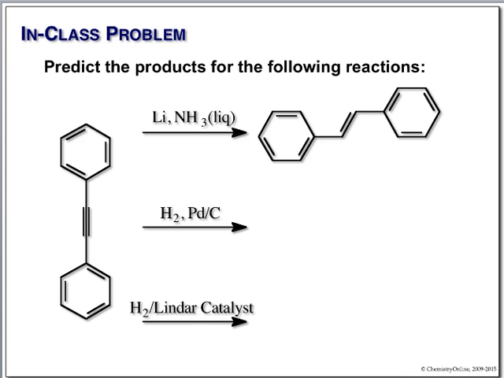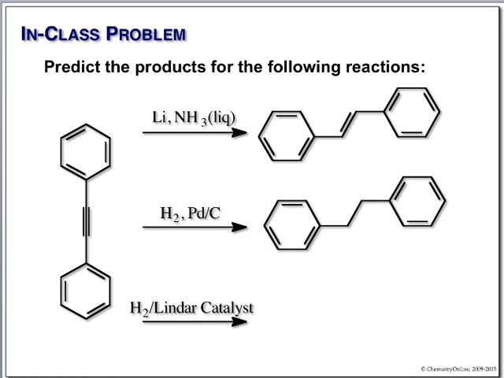If we take platinum or palladium on charcoal, that's a very powerful reducing agent. It will reduce it twice and go all the way to the alkane. And finally, if we use Lindlar catalyst, Lindlar stands for lousy.